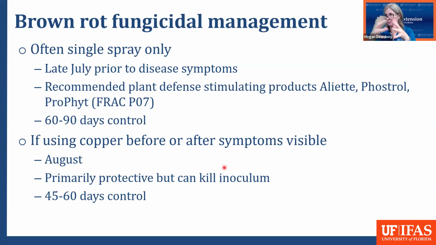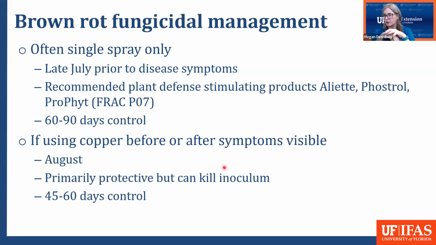And we would recommend the products for that time would be Alliette, Fosphite, Prophyte. These are all FRAC P07 products where they're doing that defense stimulation, and they're estimated to have 60 to 90 days of control after application. If you find symptoms and you didn't put out your Prophyte, your phosphite kind of products earlier in the season, but you find you're having a problem, there is the option of putting out copper.